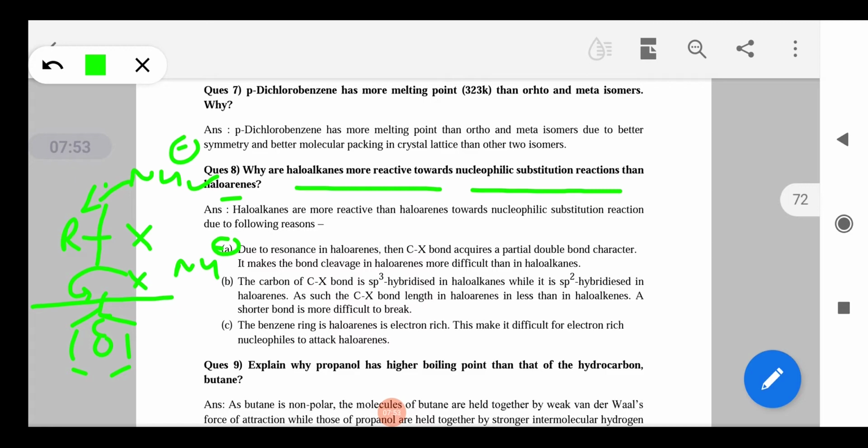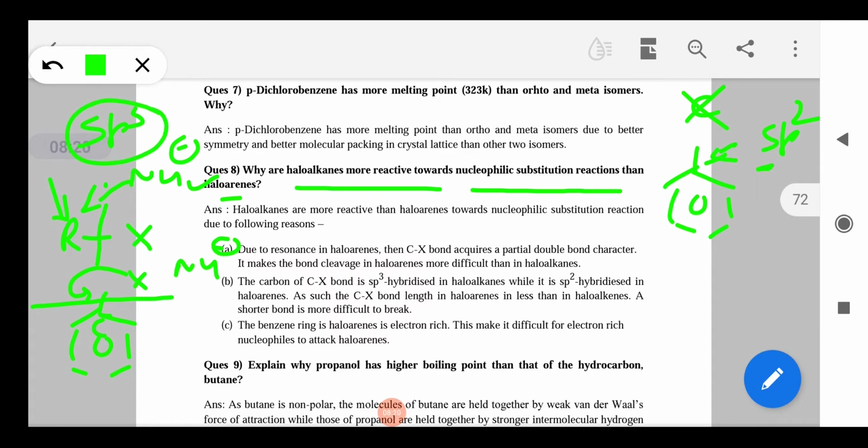Another point you can write that in RX, the carbon atom has sp3 hybridization, okay, but in case of haloarenes, the carbon to which halogen is attached, that carbon is sp2 hybridized, so here s character is more, okay, but in case of sp3 hybridization s character is less.